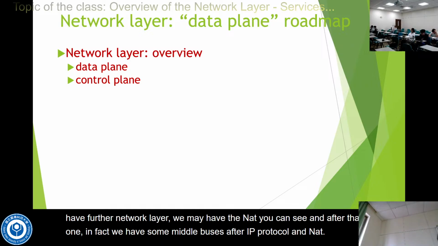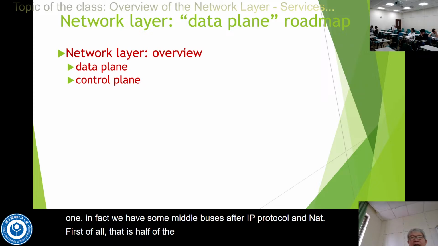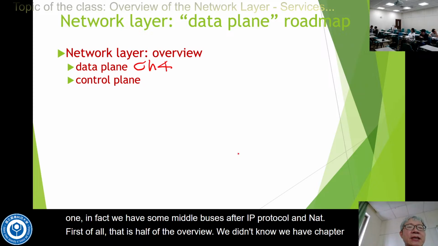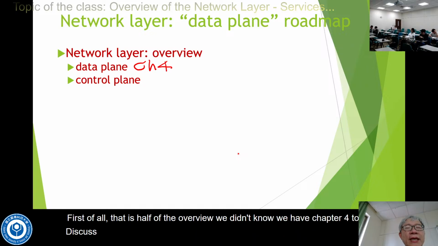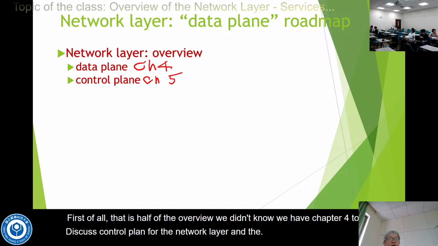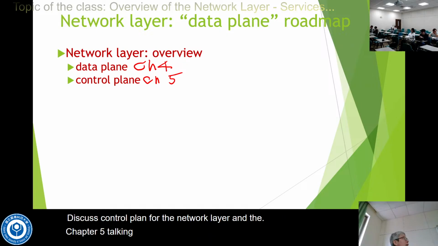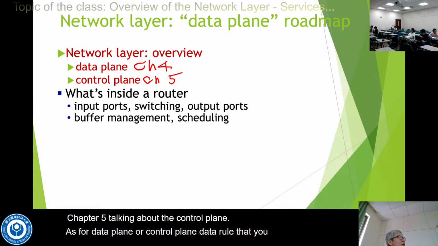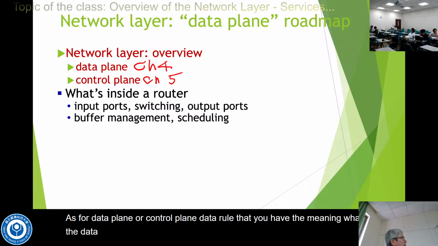First of all, let's have the overview. We already know we have chapter 4 to discuss the data plane for the network layer, and chapter 5 talking about the control plane. Later we will explain the meaning of the data plane and the control plane.